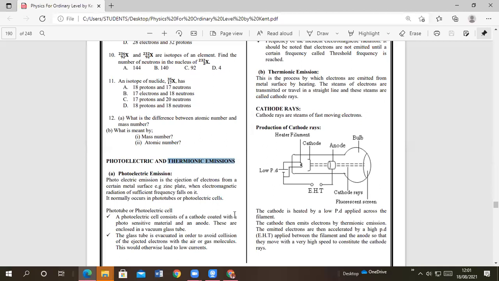The word thermal means heat, and emission means emitting.